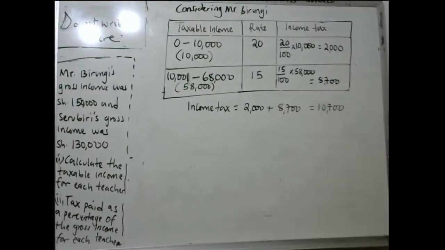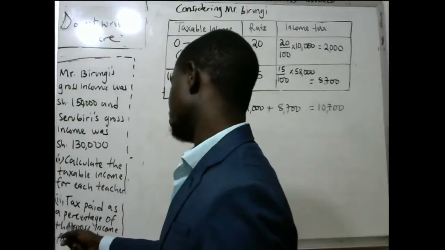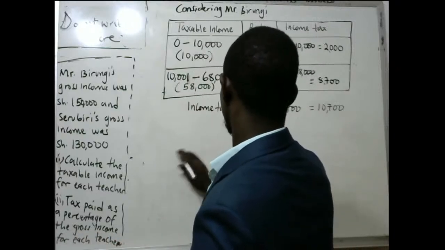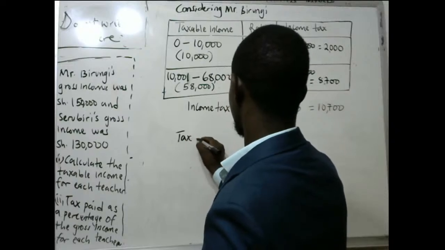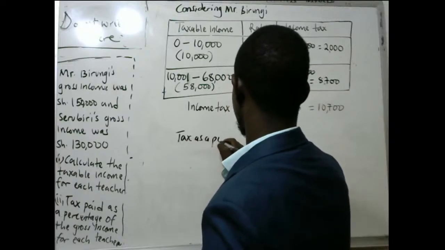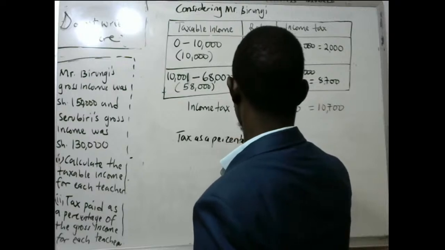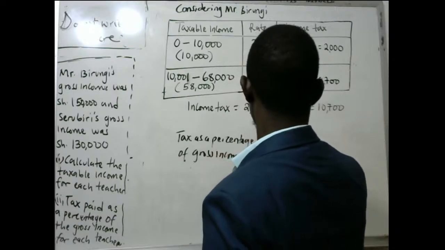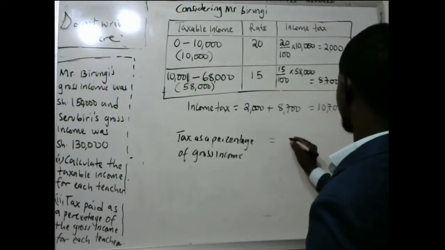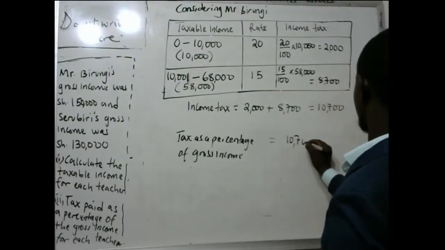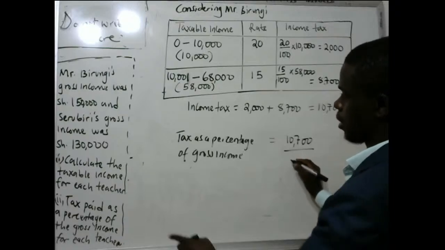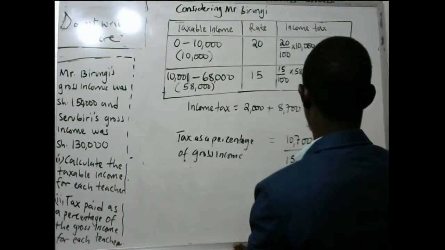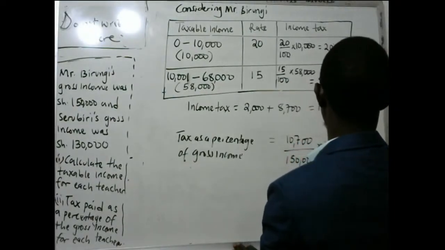Then they told us tax paid as a percentage of the gross income for each teacher. So, tax as a percentage of gross income is equal to the tax, which is this, over the gross income of Mr. Birungi, which is 150, okay, times 100%.